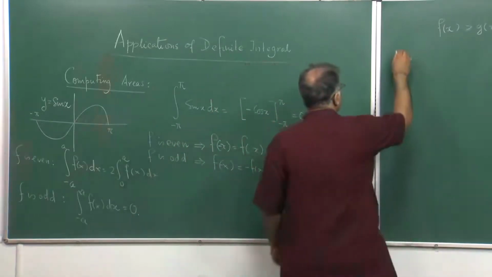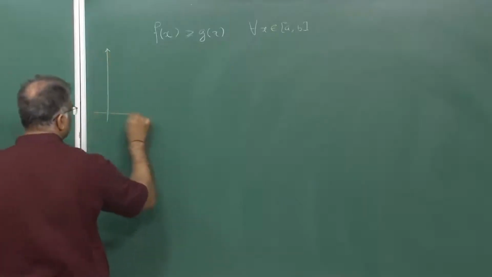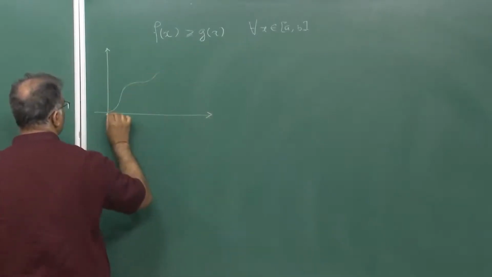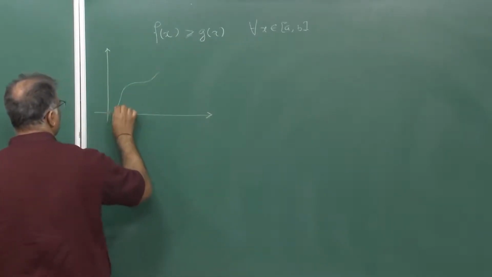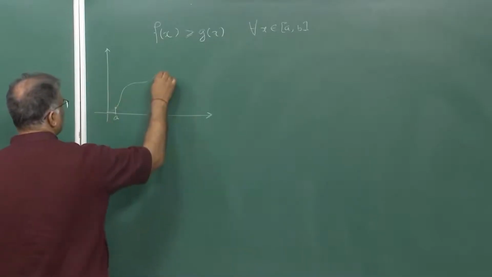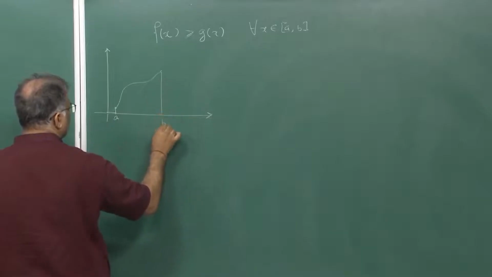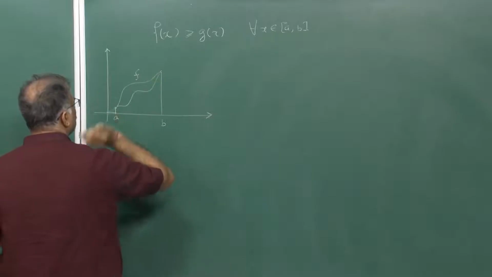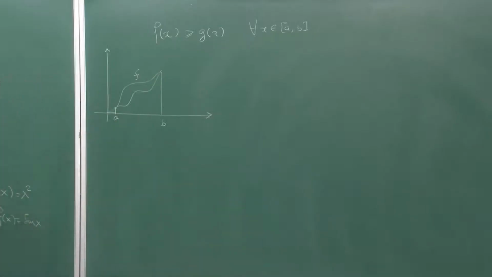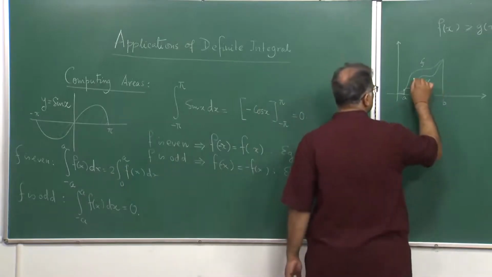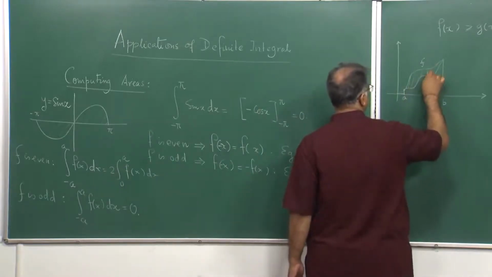It is a situation like this. Maybe this is my A and this is B. This is F and this is G.